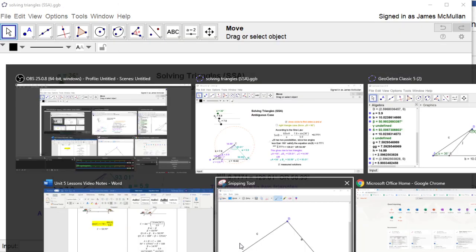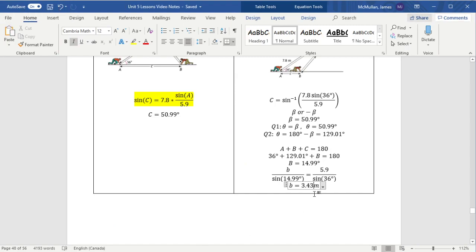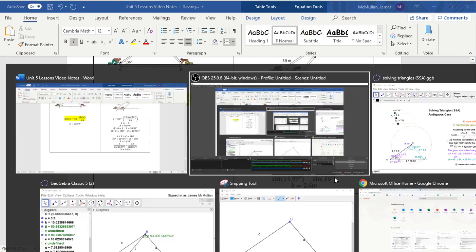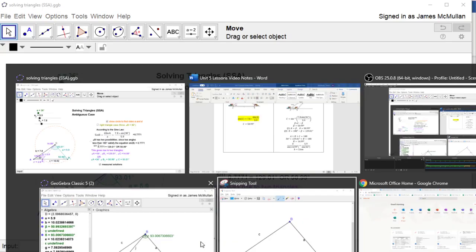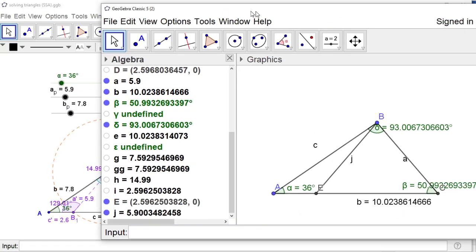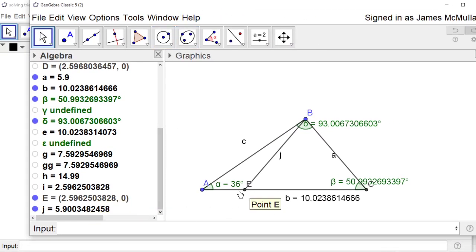So back to here. They're 2.6 meters apart. Here's the segment. If you measure from this point E to this point B, you get 5.9.